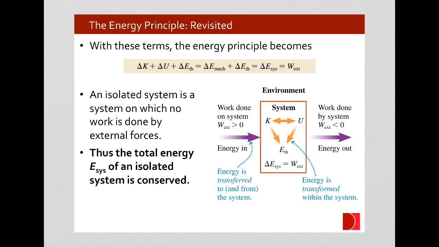What happens many times as well is that if we do have an isolated system, that means there's no work done by external forces. And if there's no external work done, then the change of energy is zero, and thus for an isolated system, the total energy is conserved. So a lot of times we can simplify this equation, and even still, even when we do have to deal with every part, we have an expression for kinetic energy.